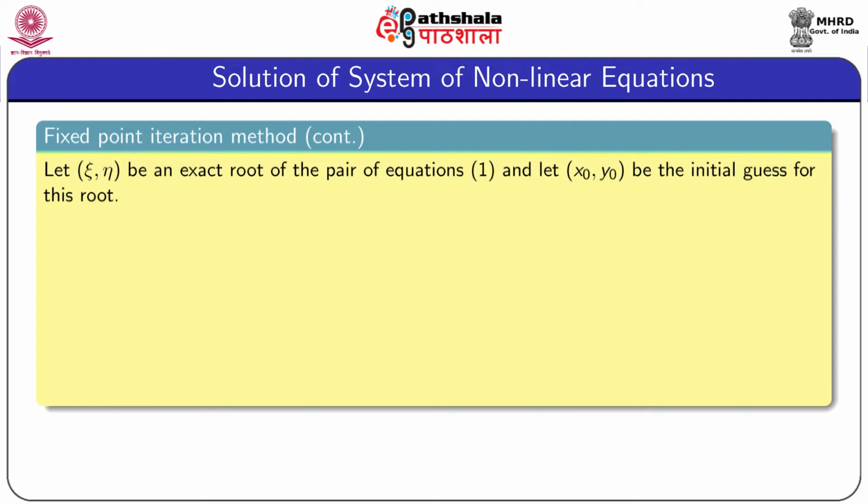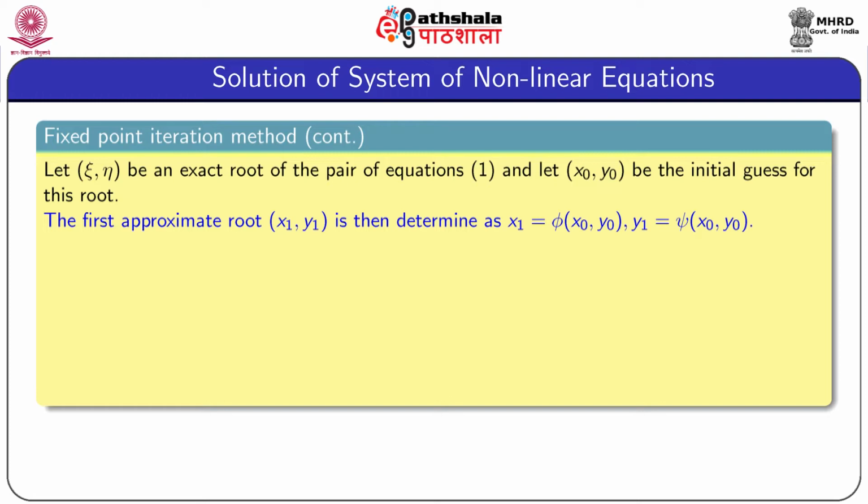Now, let (xi, eta) be an exact root of the pair of equations mentioned in equation number 1, and let (x0, y0) be the initial guess for this root. Then the first approximate root (x1, y1) is determined as x1 equal to phi(x0, y0) and y1 equal to psi(x0, y0). So, these are the first approximated root obtained from the functions phi and psi.